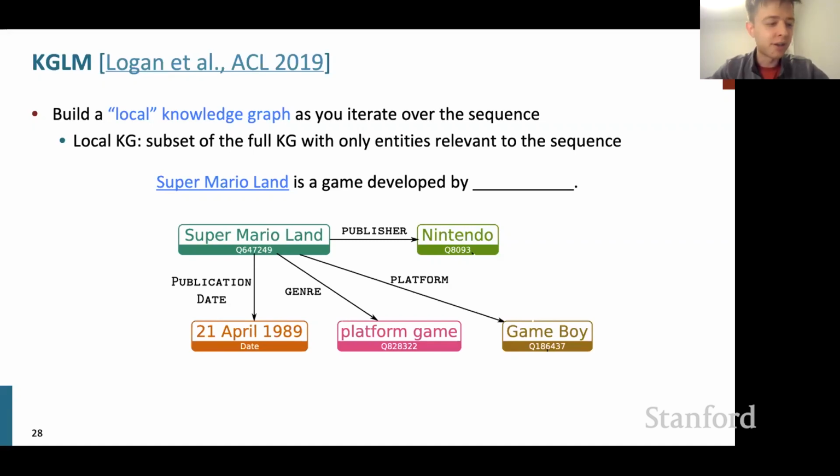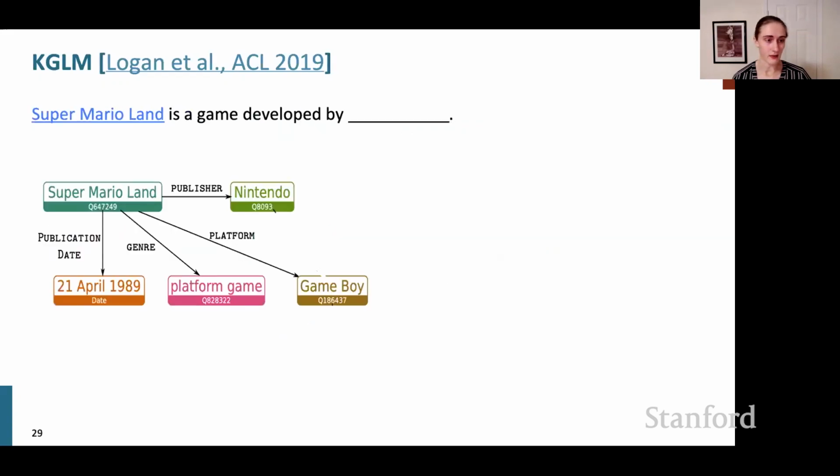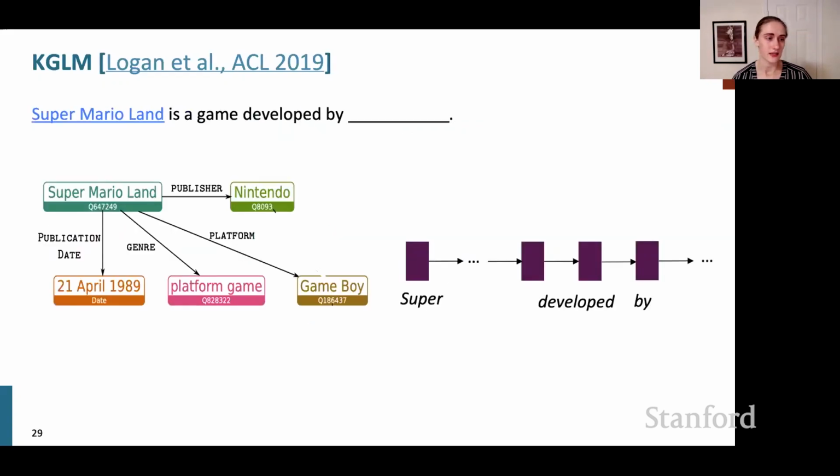And then briefly, a student asked why we can't just use the whole knowledge graph. And I gave an answer, but maybe you know better. Yeah, I think the idea is the signal will be much stronger if you just use a local knowledge graph. So in the softmax for the related entity case, you would just be predicting over the potential parent entities in your local knowledge graph, which is a much smaller set than what's in your full knowledge graph.